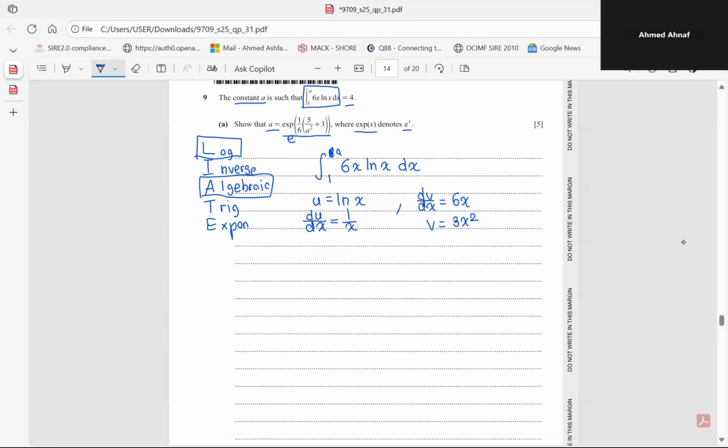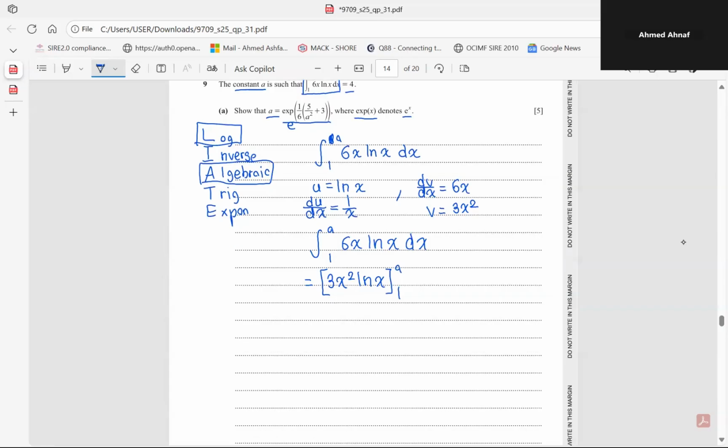Okay, so now we're ready to integrate. So this integral, first write down u times v. So u times v is 3x squared ln x, and plug in the upper and lower limit, minus v times du dx. So this would be 3x squared times 1 over x dx.